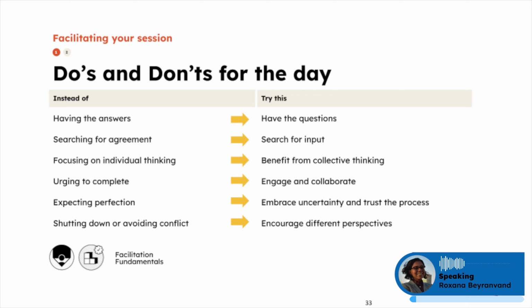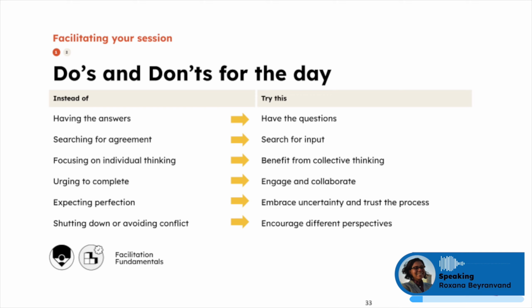So for instance, we've talked about, again, being a coach, and instead of feeling like you have to have all the answers to everything, instead really try thinking about the questions that you want to ask and focusing on how to extract that information from the folks that you're bringing to the table in that session. Another thing too is, instead of trying to feel like you have to urge everyone to complete and check off boxes, instead try engaging and focusing on collaboration with everyone.